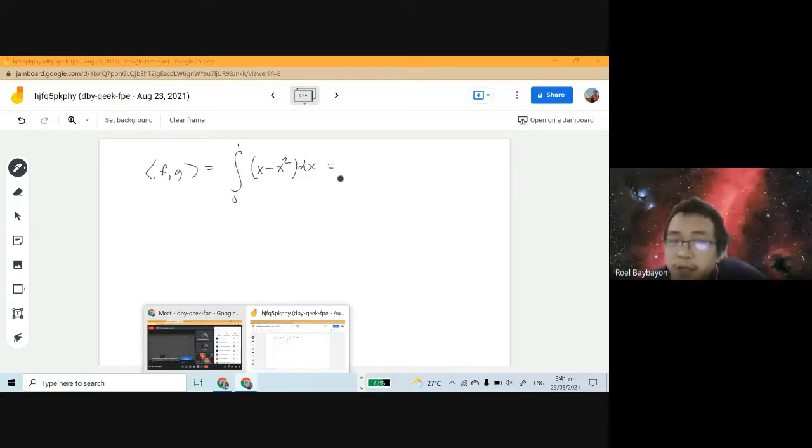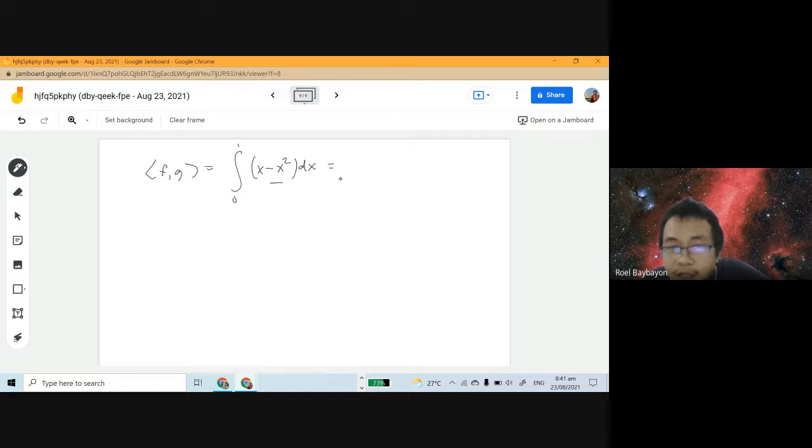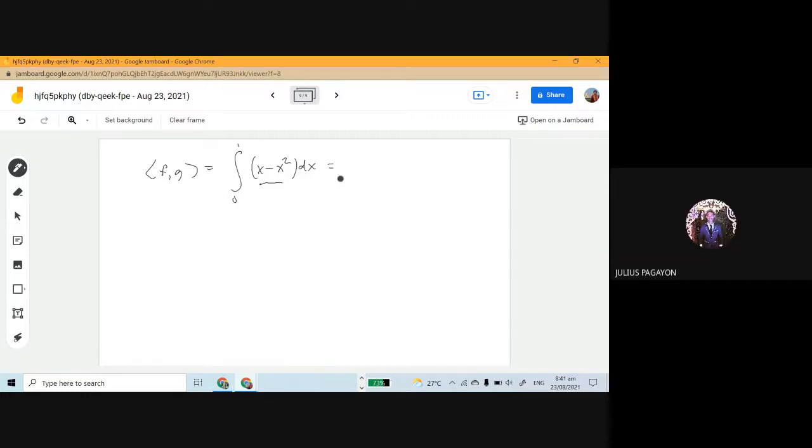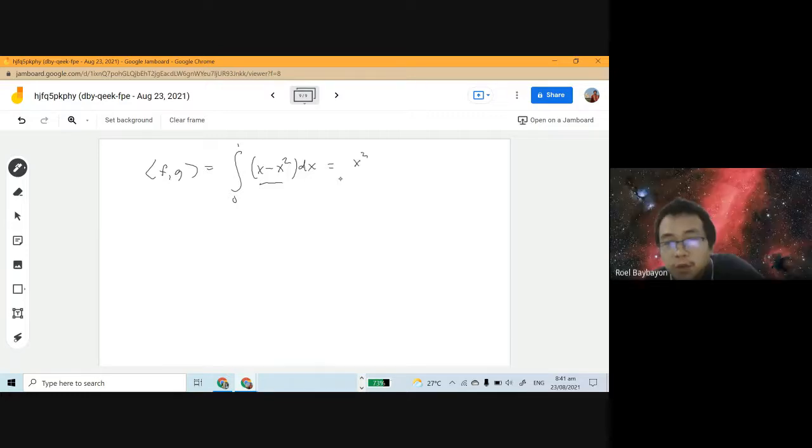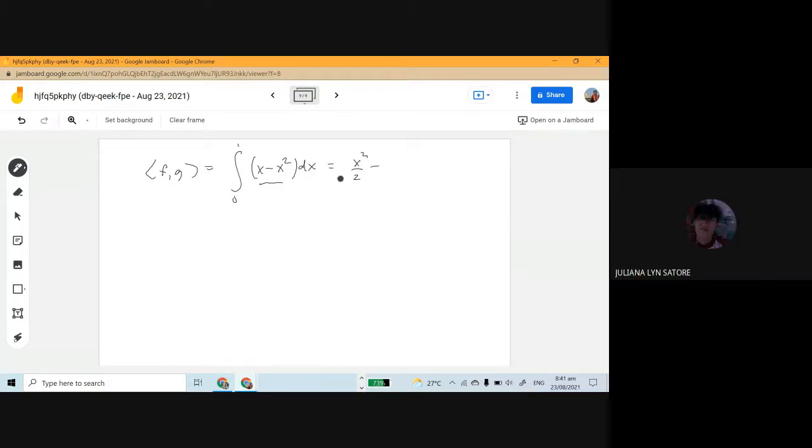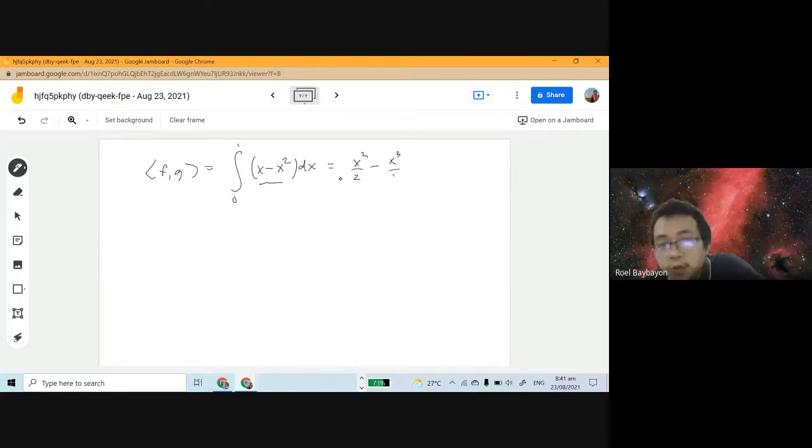X minus x square. X squared over 2 minus x cubed over 3.